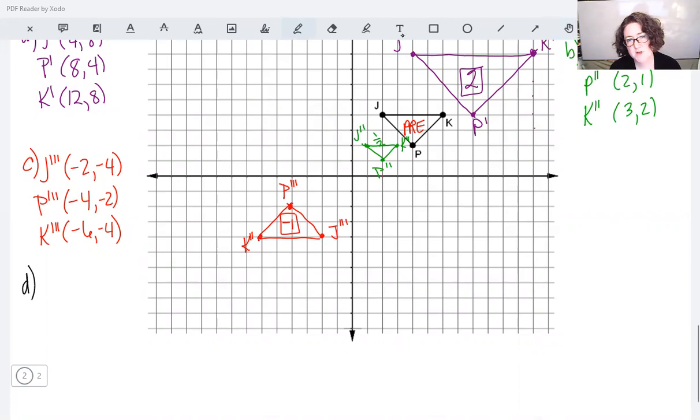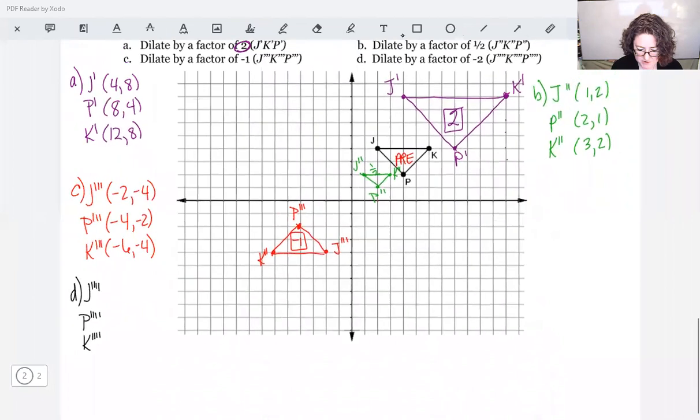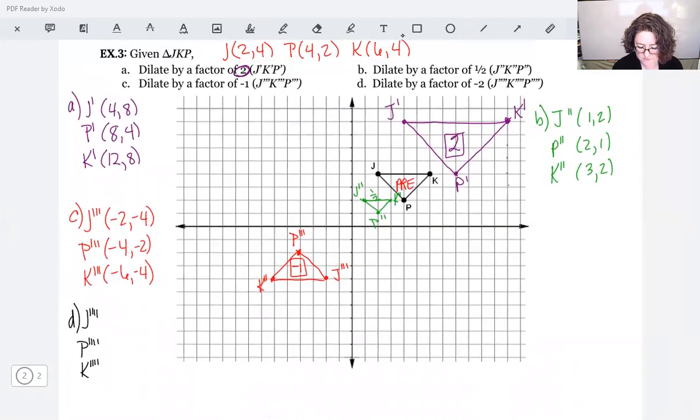Fourth one, so quadruple prime, and P and K. So I actually have to shrink this down so we can see our coordinates. So again, multiplying by a factor of -2, so just multiply through by a -2. All righty, so -4, -8, -8, -4, and -12, -8.